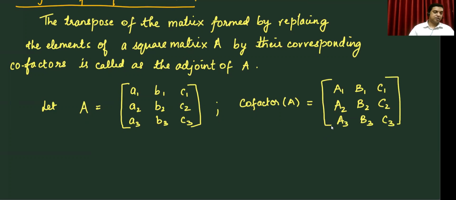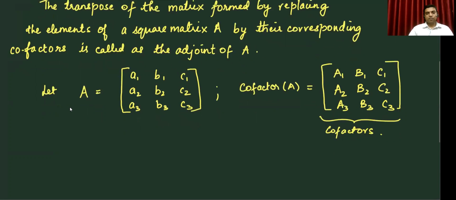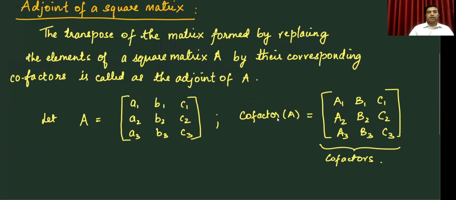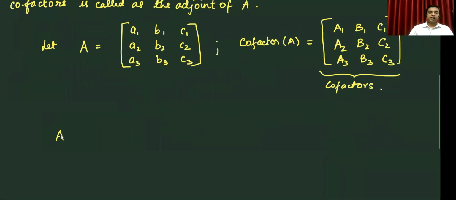What are cofactors? Eliminate the row and column and take the determinant of the remaining submatrix multiplied by (-1) to the power i plus j. That is the cofactor. So this is a cofactor matrix. Adjoint of A is the transpose of the cofactor matrix.